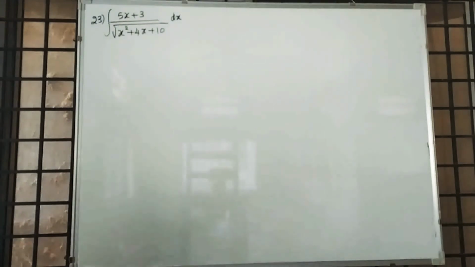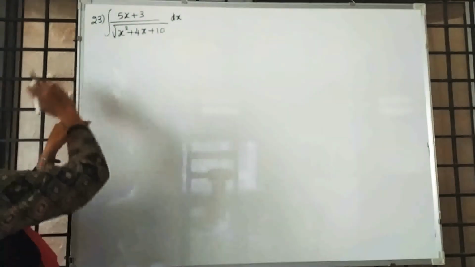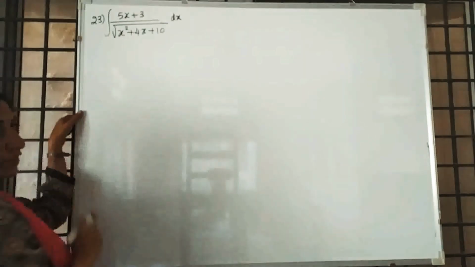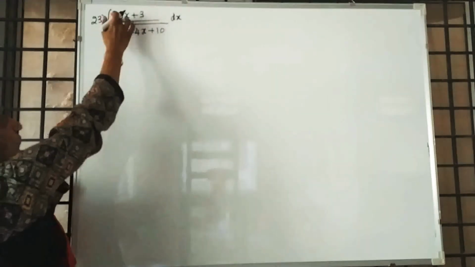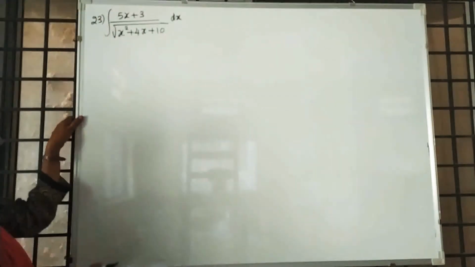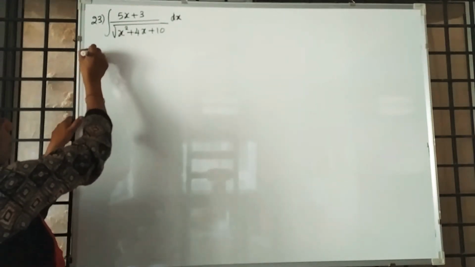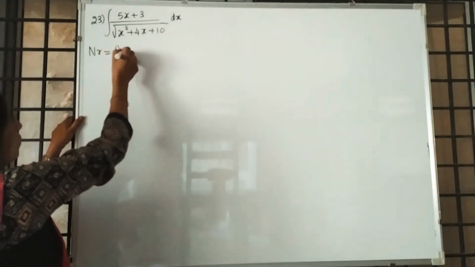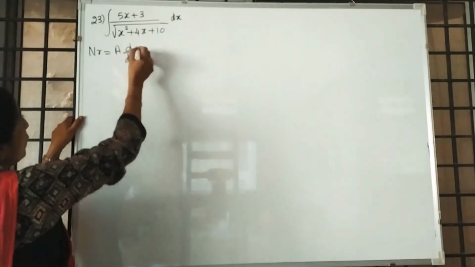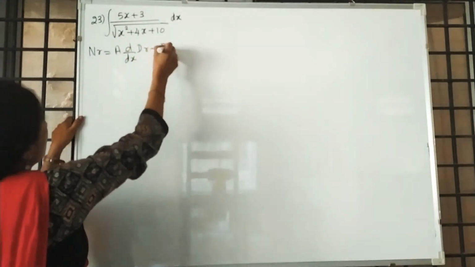So moving to the next question, that is question number 23. Here, what is the differentiation of x square? 2x. But we have 5x. Again, that method is not possible. So we are moving to the next one. Numerator is equal to a into differentiation of denominator plus b.